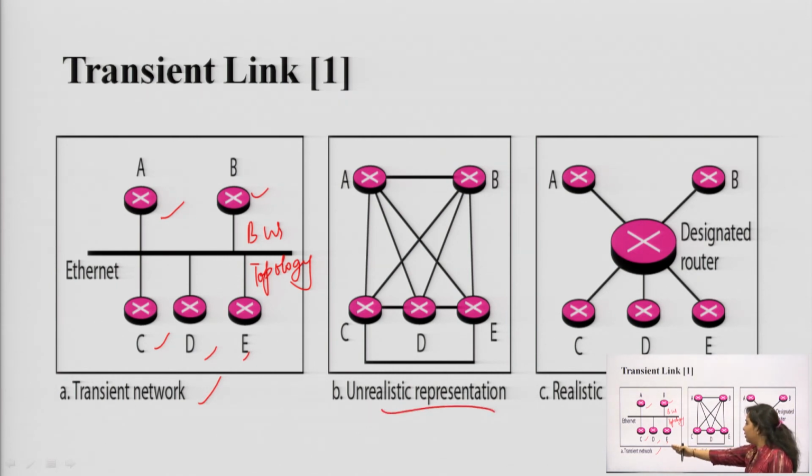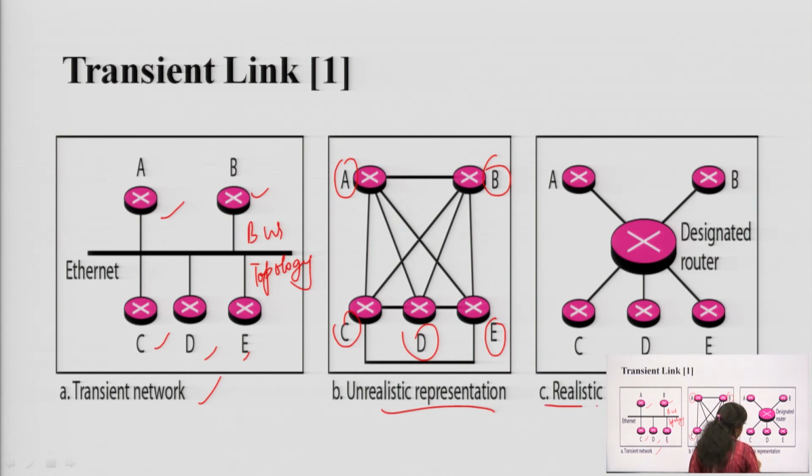If you compare A with B, you can see that this is directly connected to the backbone. There is no overlapping of the connections in case of this transient network, whereas in the unrealistic version, there is overlapping of the pulses which are made over here, like A, B, C, D and E. So, there is overlapping of the networks which are created over here.